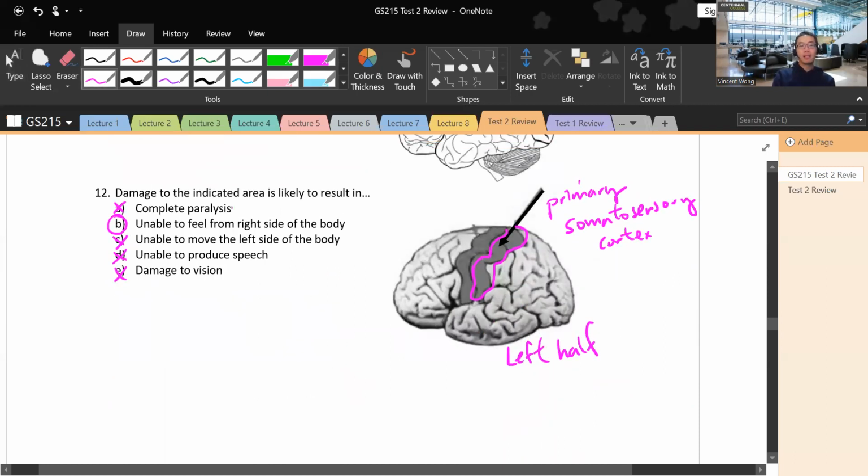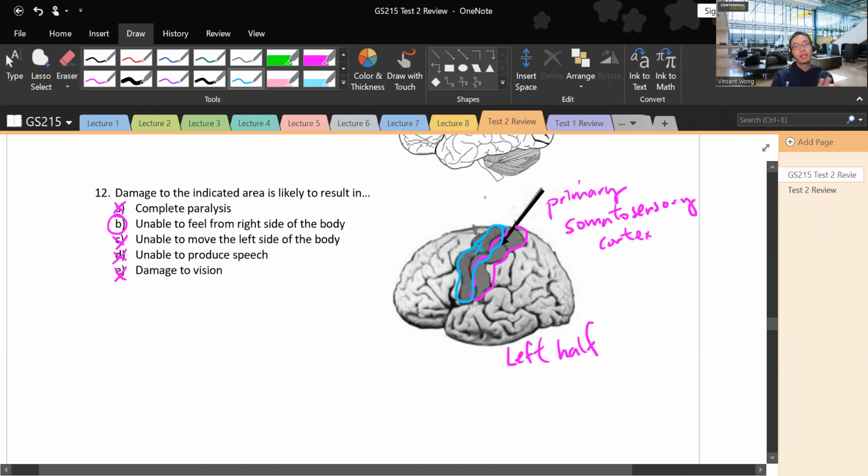Let's say you damage just this part, you're not going to get full paralysis on the right side. Remember I said the cortex is zoned to a different area of the body. Whatever that part of the brain corresponds to, this part happens to be the right side of the face, then you won't be able to move the muscles on the right side.